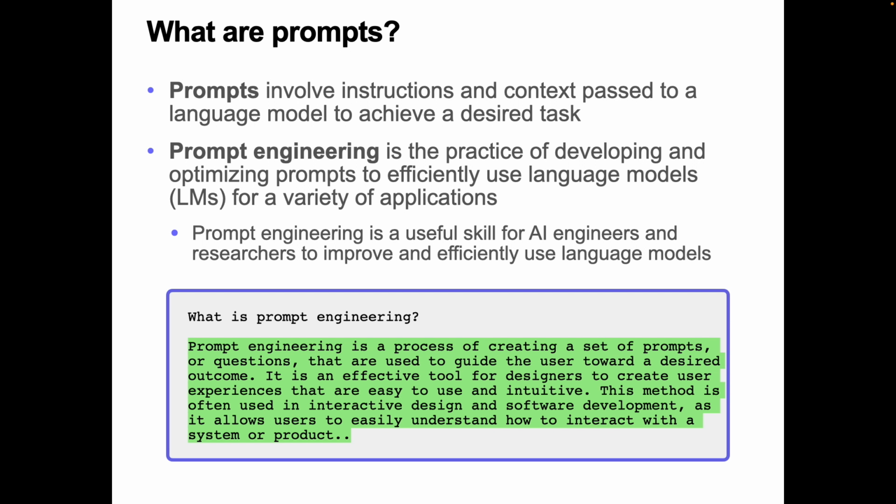Prompt engineering is the practice of developing and optimizing prompts to efficiently use language models for a variety of applications. In short, prompt engineering is a useful skill for AI engineers and researchers to improve and efficiently use language models. If this is not obvious today, my goal with this lecture is to convince you of the importance of prompt engineering for doing research and for developing applications.